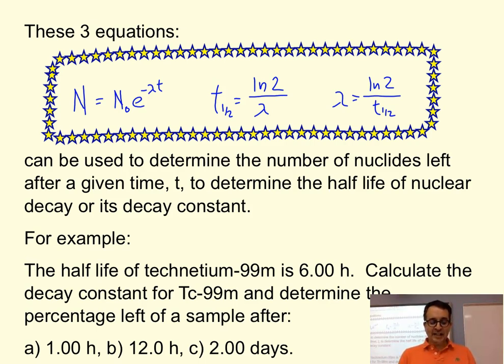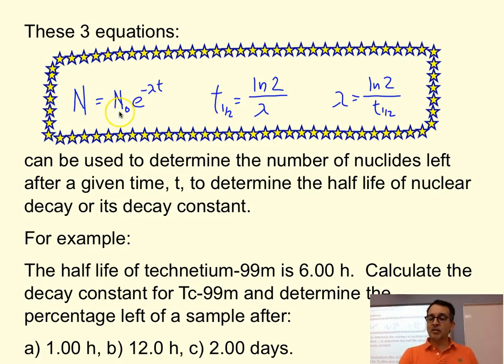But interestingly enough, if you look at C3, you will find both of the equations that we have here: N at time T is equal to N sub O, the natural exponent base negative lambda T, and the expression for half-life. So your data booklet has these equations. You do not need to memorize them, but you just need to know where to find them, and what they mean.